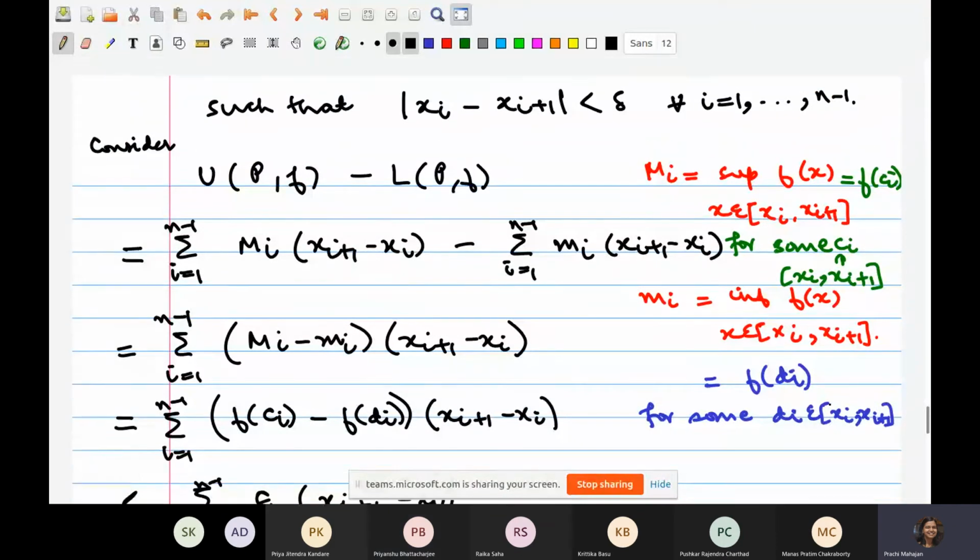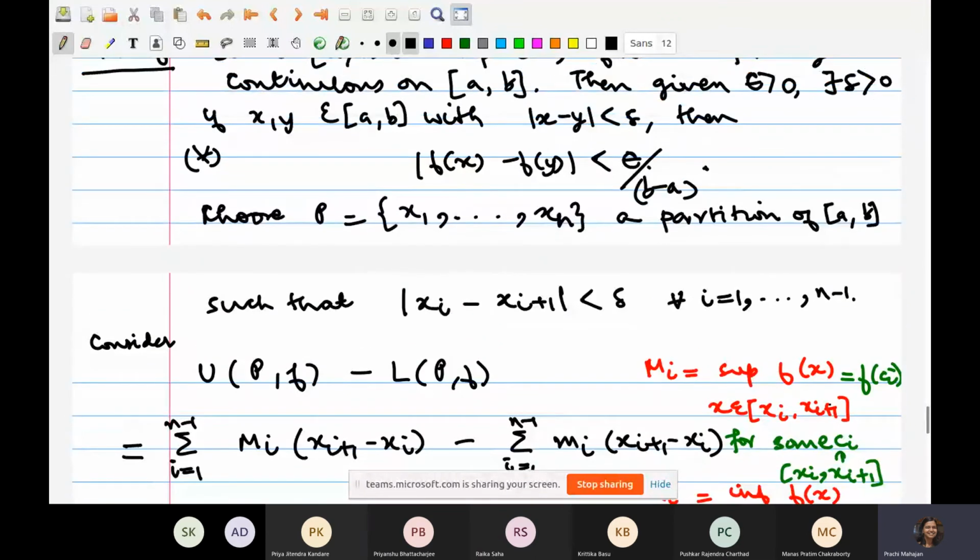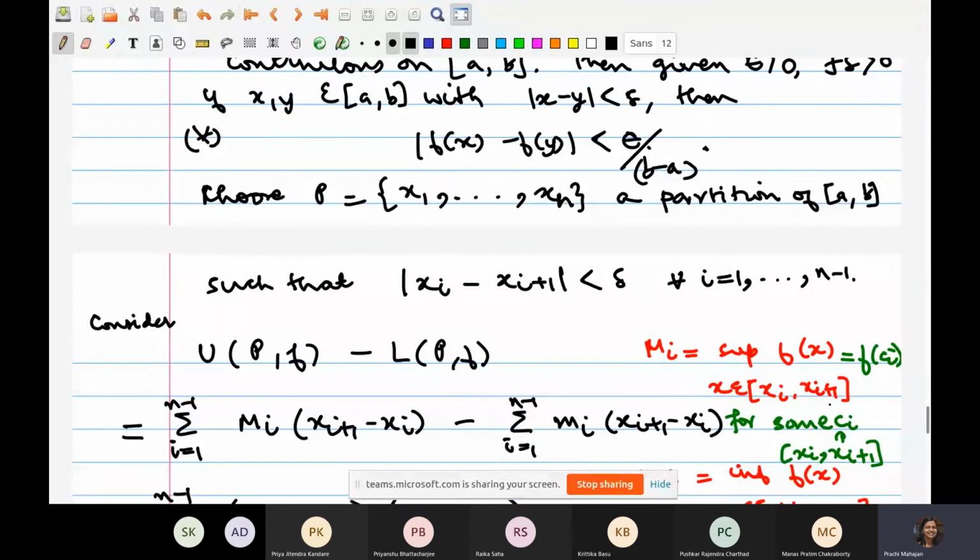So what am I trying to say? I am going to use this uniform continuity of f. Ci and di are both points in the ith subinterval xi to xi plus 1.